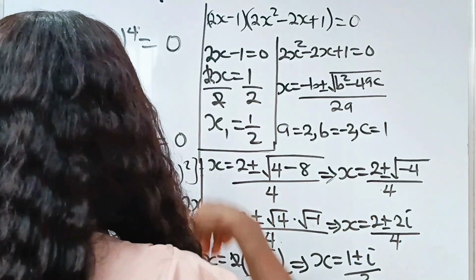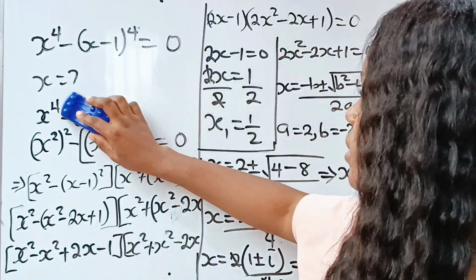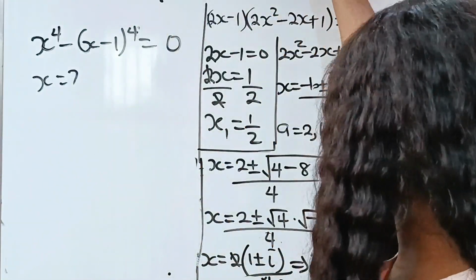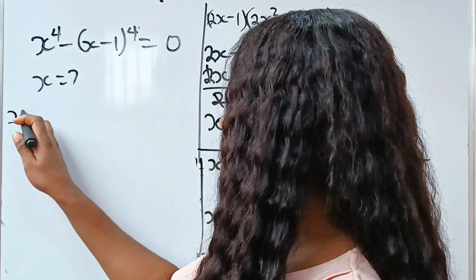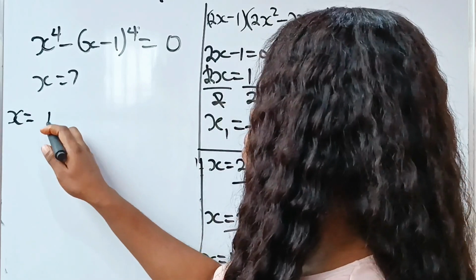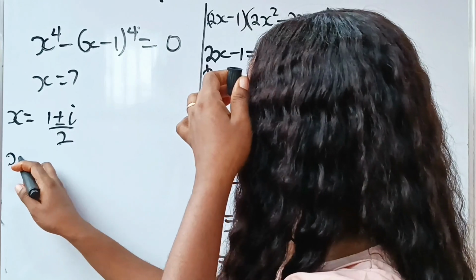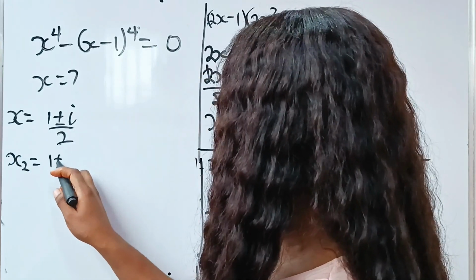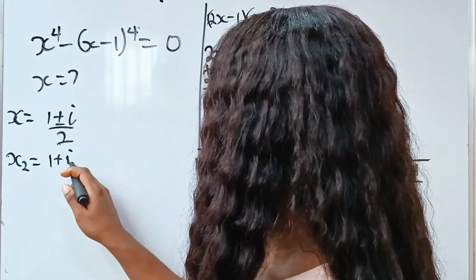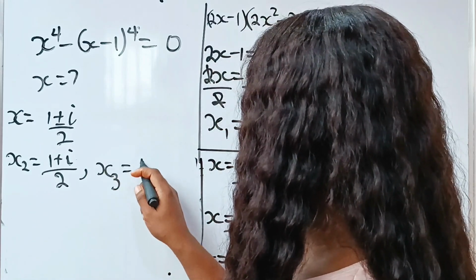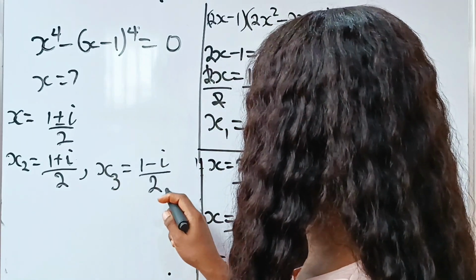Now let's go ahead and solve for the values of our x. To get the values of x then, we have that x is equal to 1 plus or minus i divided by 2. So our x2 then should be 1 plus i divided by 2, and our x3 should be 1 minus i divided by 2.